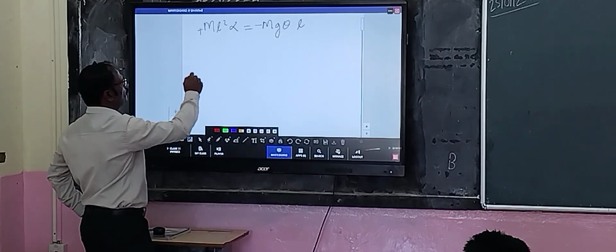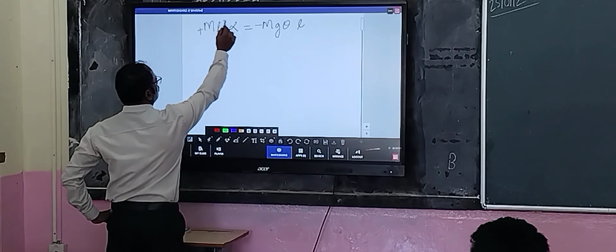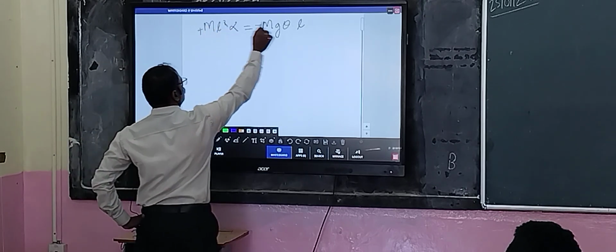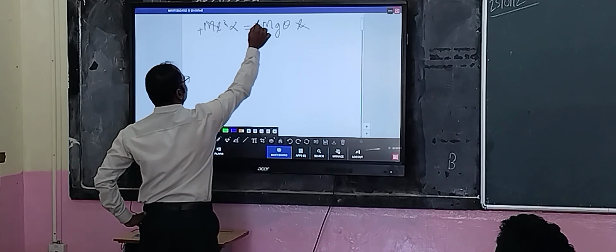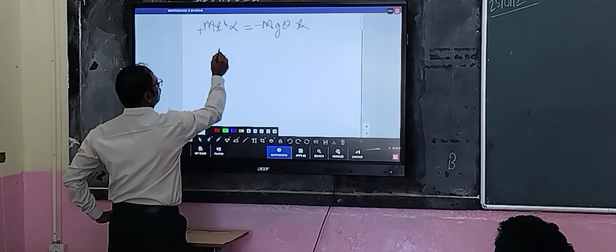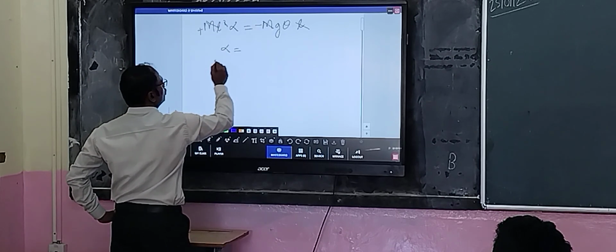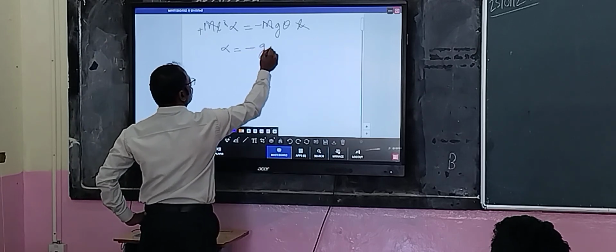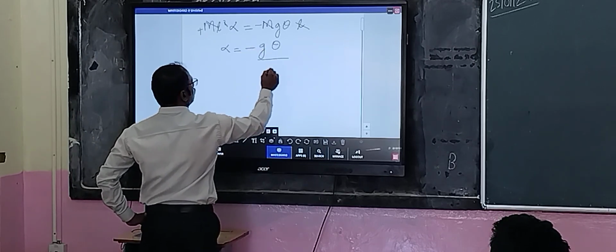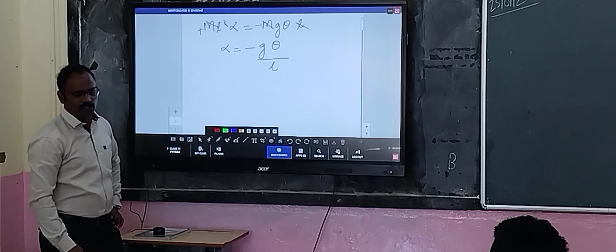So we can cancel some components: we can cancel m and m, and L. Finally we get the value of alpha is equal to minus g theta divided by L. So this is the expression for alpha.